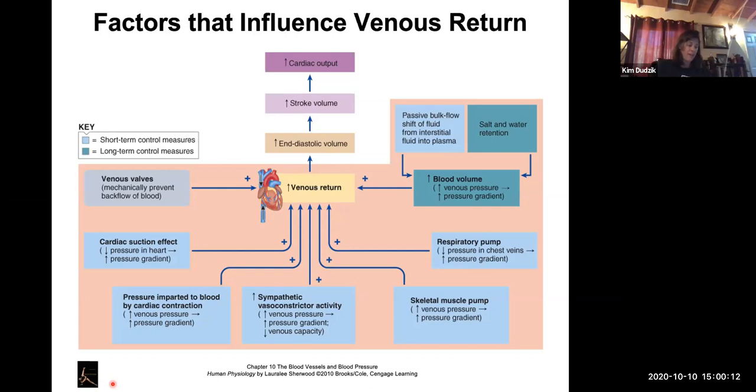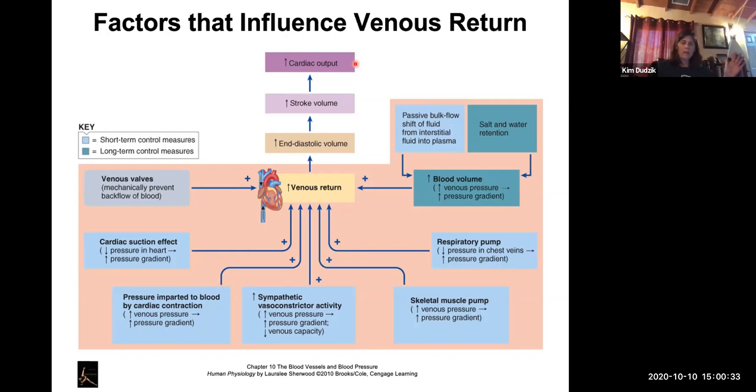we discussed a lot of things that influence venous return, and these flow charts just kind of sum it up. So remember that the first thing that acts on venous return is the cardiac output, the amount of blood being pushed around the cardiac system every minute.